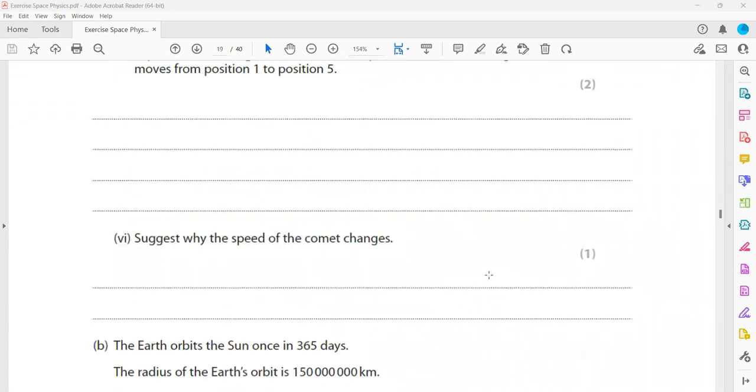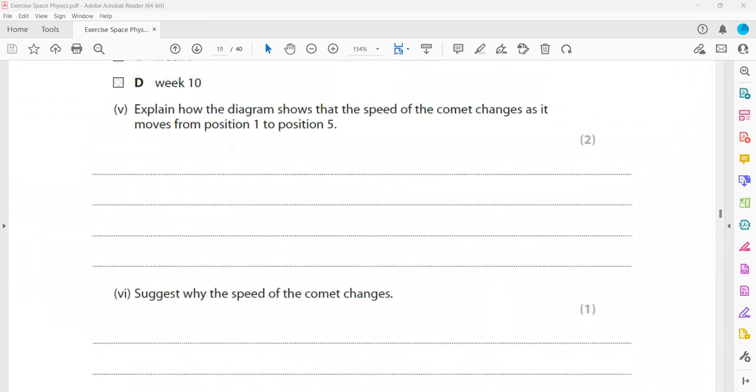Suggest why the speed of a comet changes.